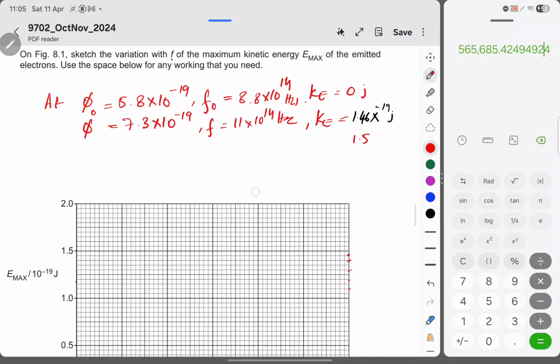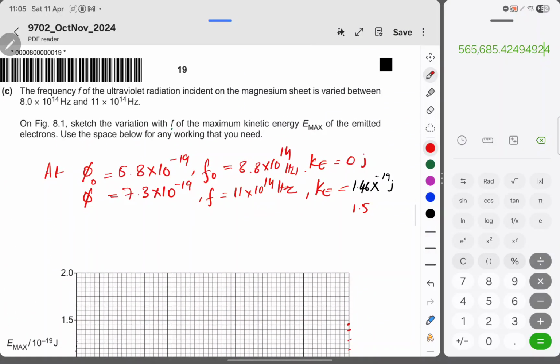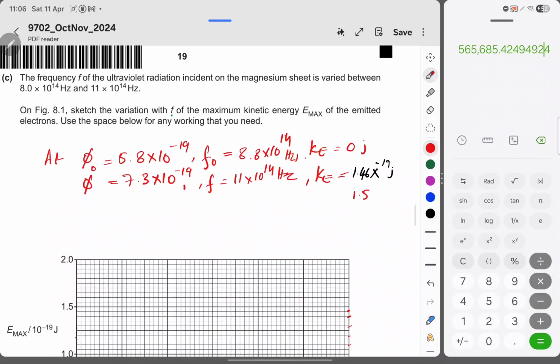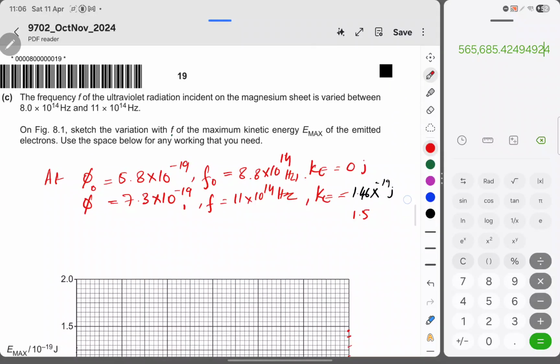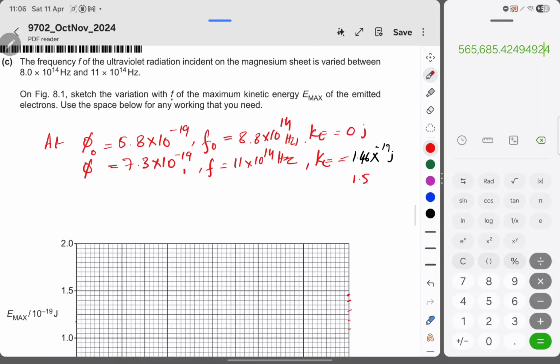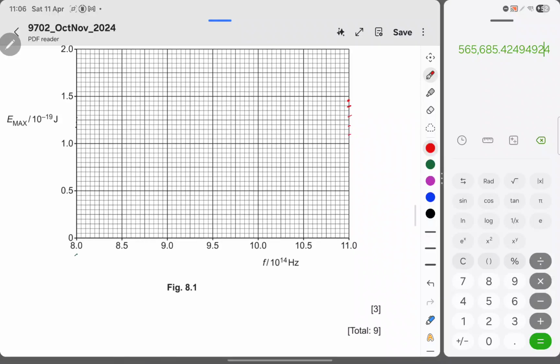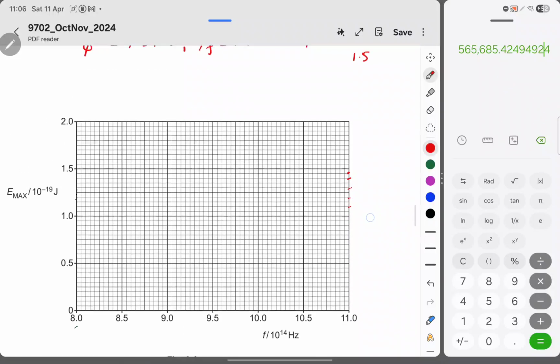And for the last value given, 7.3 into 10 to the power minus 19 joule, the frequency is 11 into 10 to the power 14 Hertz, and the kinetic energy is going to be 1.46 into 10 to the power minus 19 joule, right?